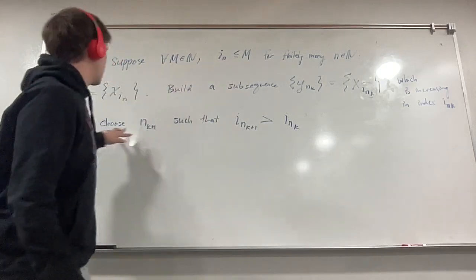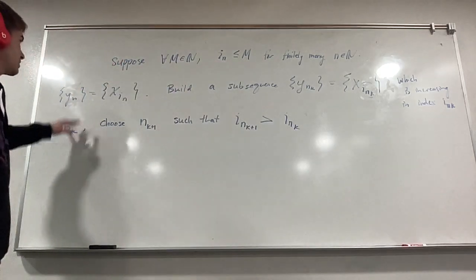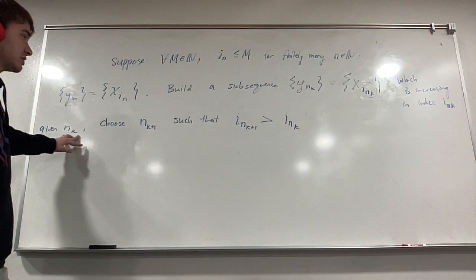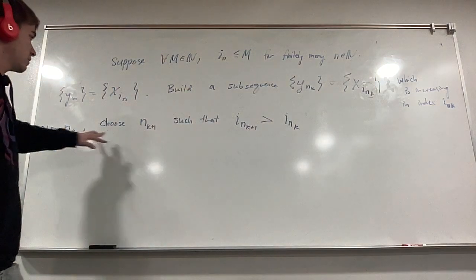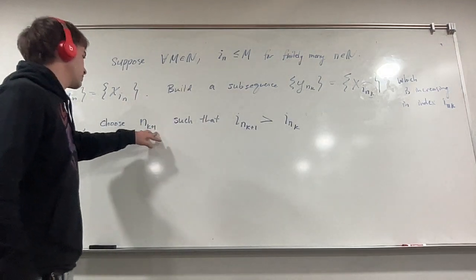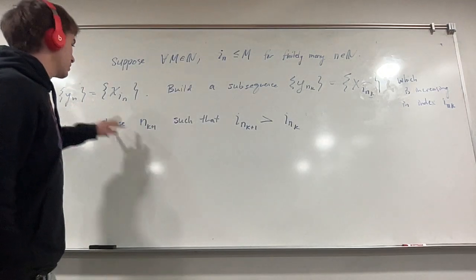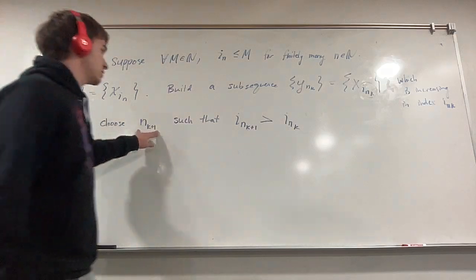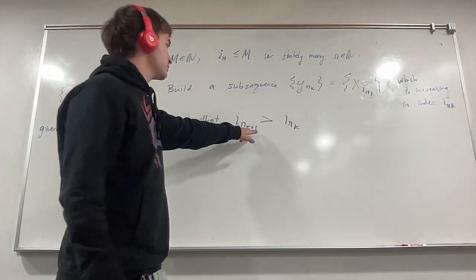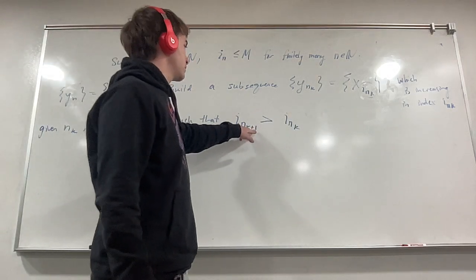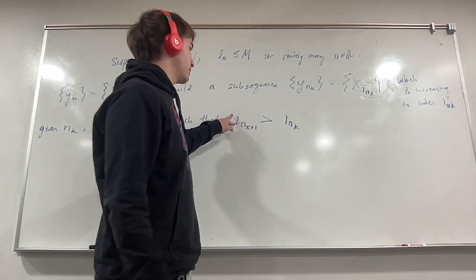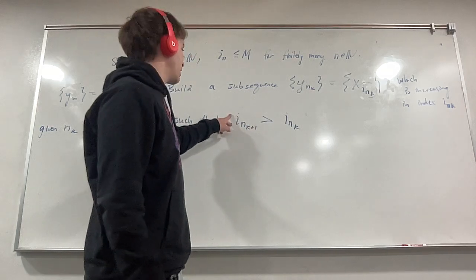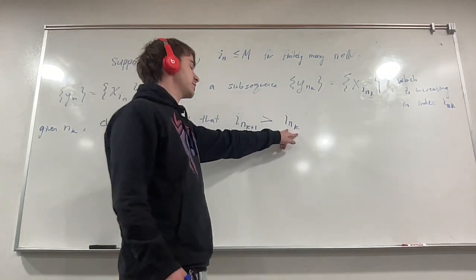Why? Because if I fix an n sub k, let's say I start with some n sub k in my subsequence, the next index of the subsequence is going to be chosen such that when I pass to the labels on x, I sub n sub k plus 1 is greater than I sub n sub k.